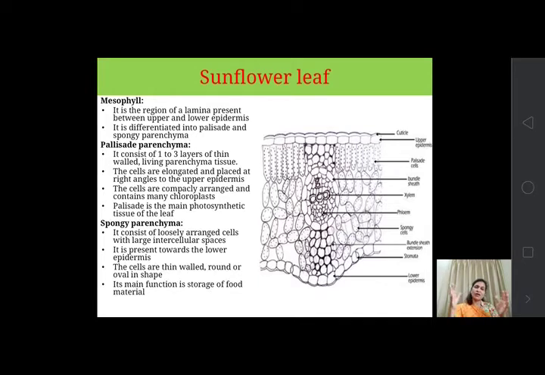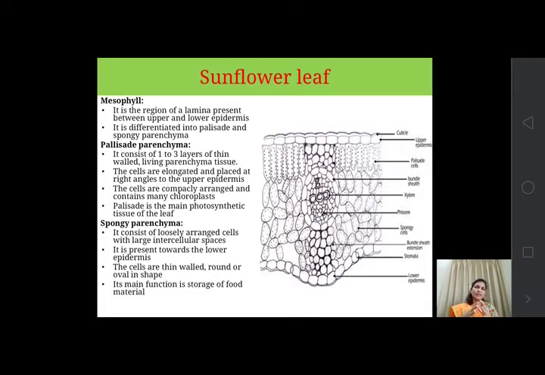The cells are compactly arranged and contain chlorophyll pigments or chloroplasts. So as the palisade parenchyma contains chloroplasts, they help in the photosynthesis process.